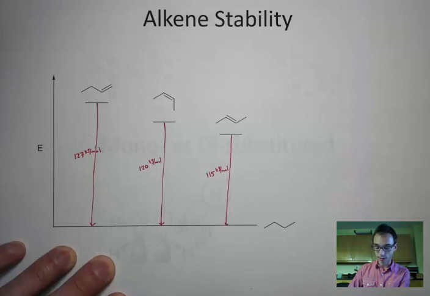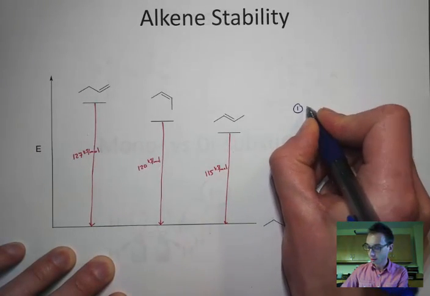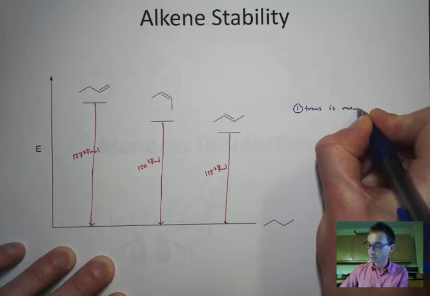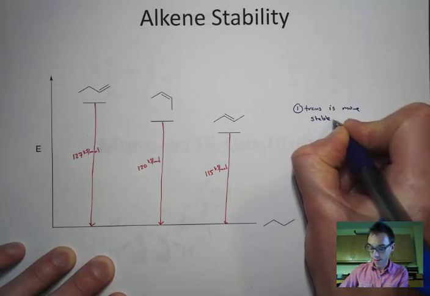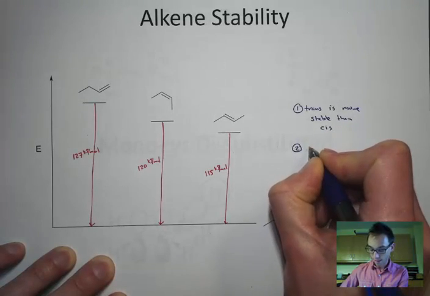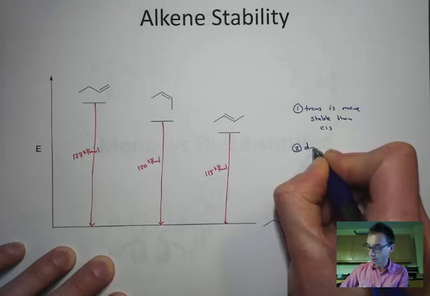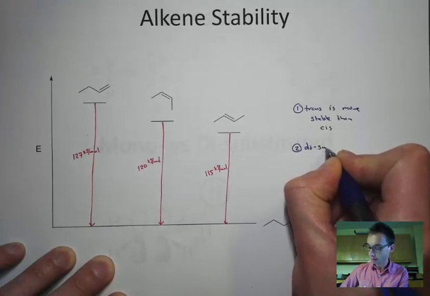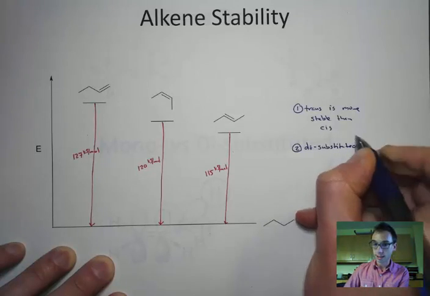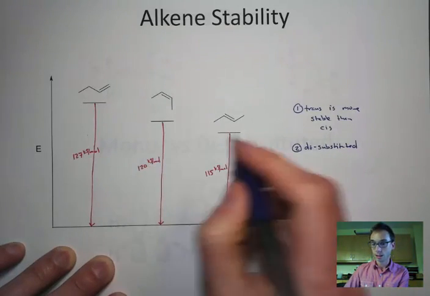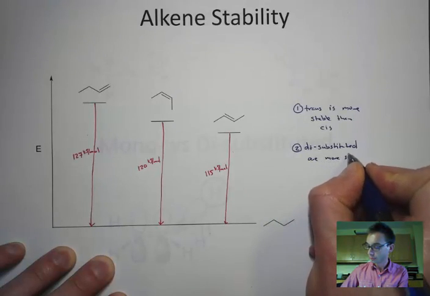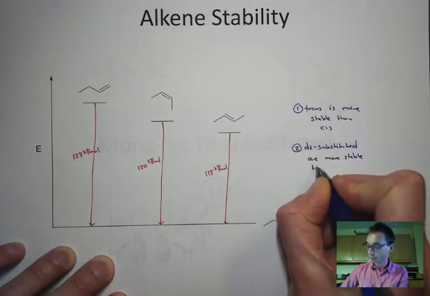So the take-home message for this is, first, that trans is more stable than cis, and second, that disubstituted alkenes that have two substituents on it, are more stable than monosubstituted.